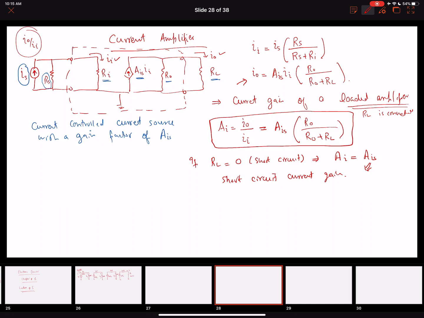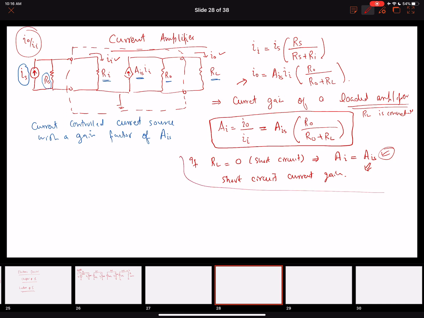This is in contrast to the open circuit voltage gain of a voltage amplifier, where we wanted our load resistance to be infinite or an open circuit. So that is why for a voltage amplifier, that was called an open circuit voltage gain. Over here, when the load resistance is 0, the current gain of an amplifier becomes equal to the value of AIS. So that is why AIS is known as a short circuit current gain. I hope you will remember the difference.